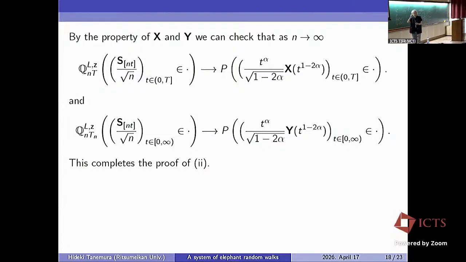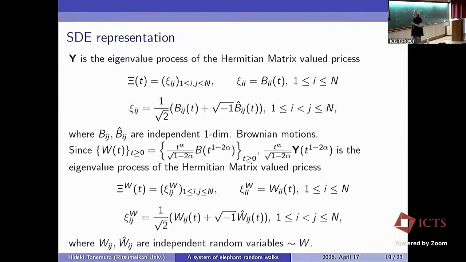If you start from another point, the process converges to the same distribution. This kind of thing we use, and we are considering the scaling limit. First consider this epsilon after some scaling going to 0, and we can get this convergence. This is the outline of the proof.